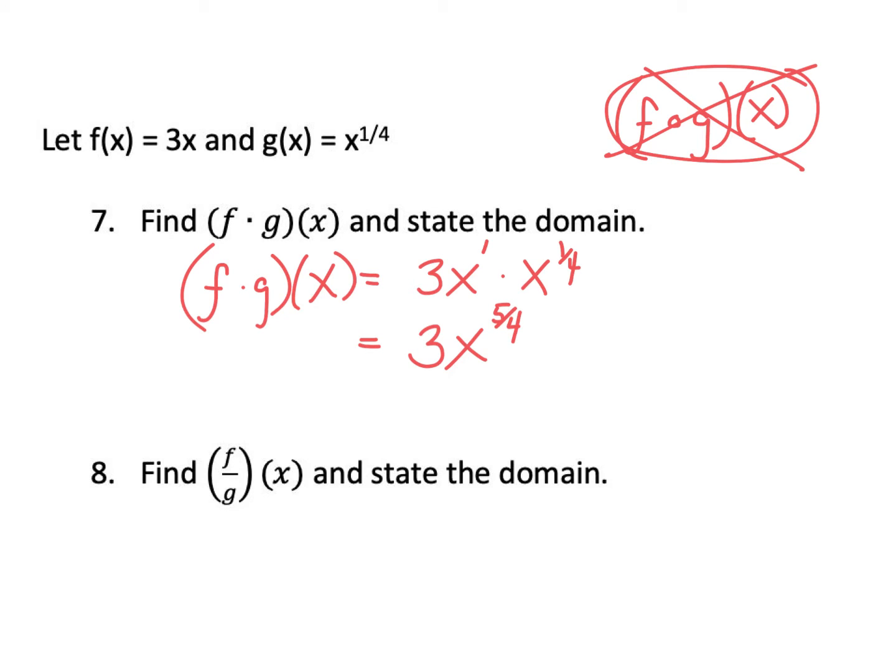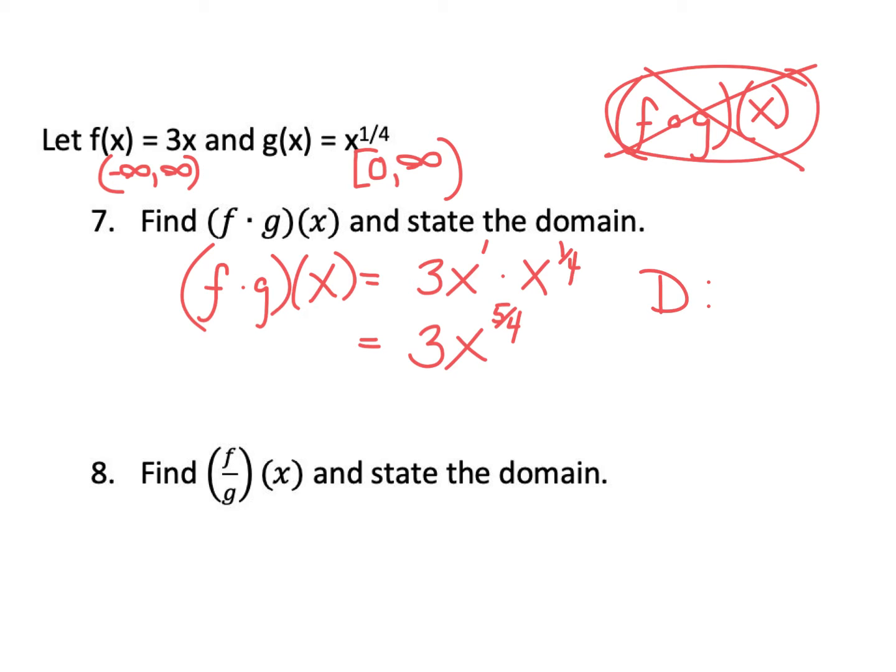I also need to state the domain, so I'm going to look back at the original domain. For f of x, it was linear, so that's negative infinity to positive infinity, no restrictions. Here I have an even root, so I know it needs to be positive, so it'd be 0 to infinity. Now, for the domain of my new function, it's going to be the intersection of these two things.